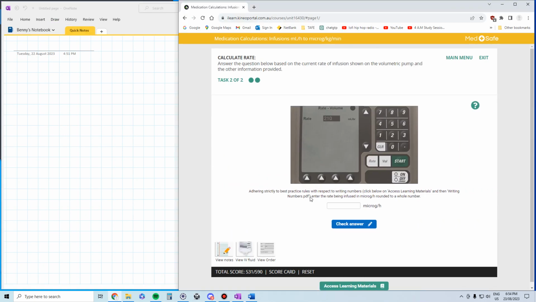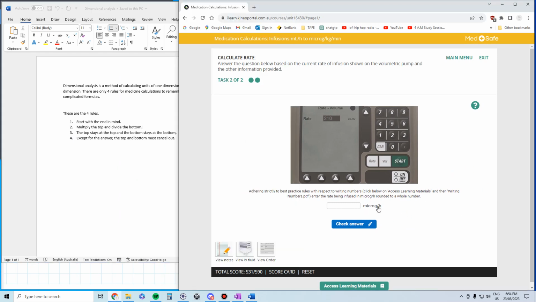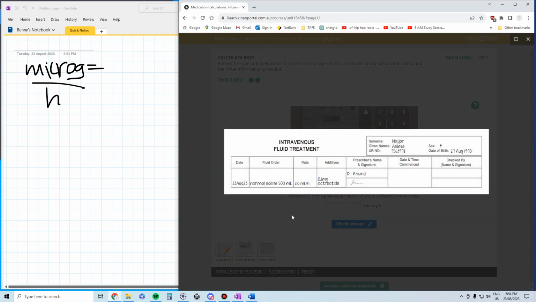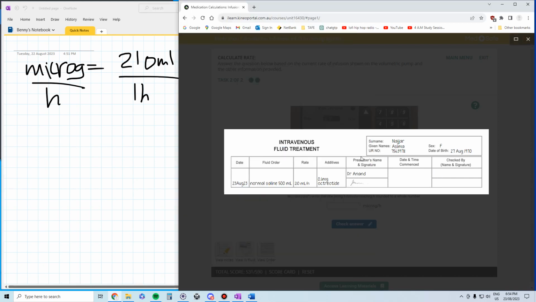So we start with the end in mind, what they're asking for, which in this case is micrograms per hour. So not micrograms per kilo per hour, just micrograms per hour. So we'll start with this 210 milliliters, 1 hour.